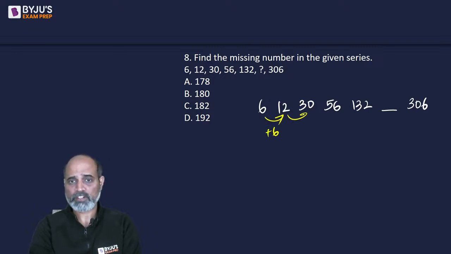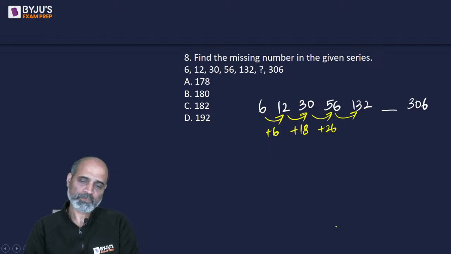So the difference is that of 6, next difference is that of 18, the next difference is that of 26, the next difference is that of a lot. This is more than double. Let's see how much the change is.